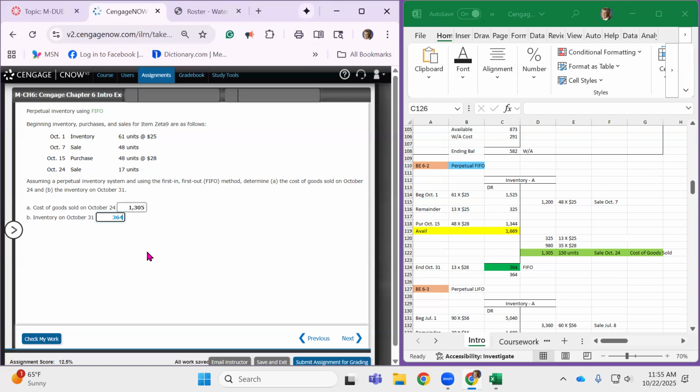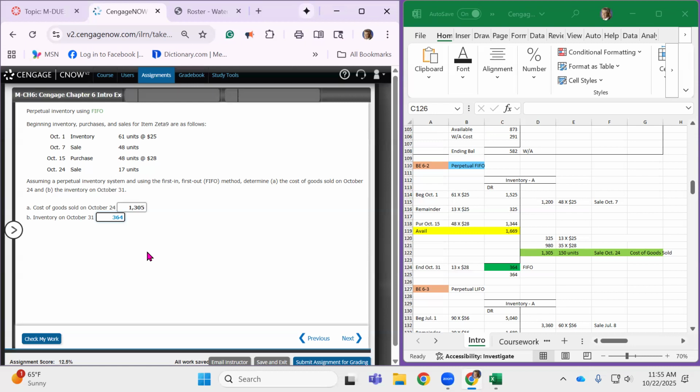So we began with 61 items at a cost of $25. That means we had a beginning inventory of $1,525. If it were me, I would write that down, or write yours down from your book, but I can't make you. And then we're going to sell. We have a sale on October 7th.